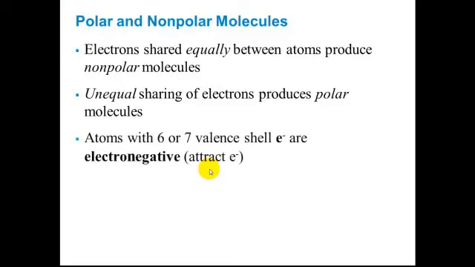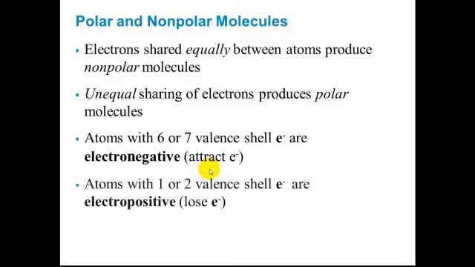When we have atoms that have 6 or 7 valence shell electrons that are taking part in a covalent bond, we say that these are electronegative and that they are attracting the electrons. Whereas atoms that have only 1 or 2 valence shell electrons are electropositive in that they lose the electrons. Now, they're not losing them entirely, but they're losing their tight hold on them.